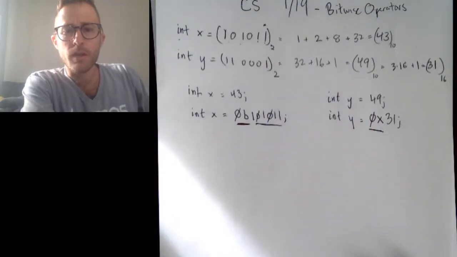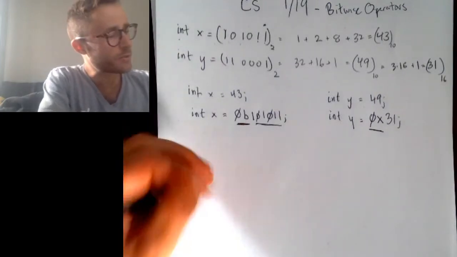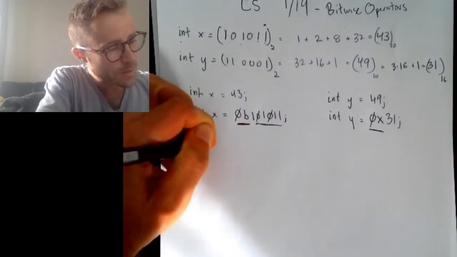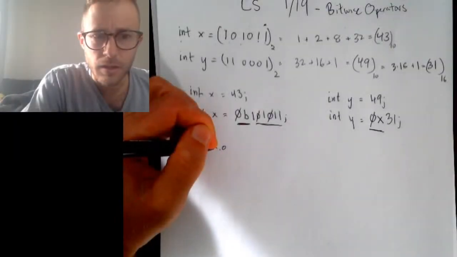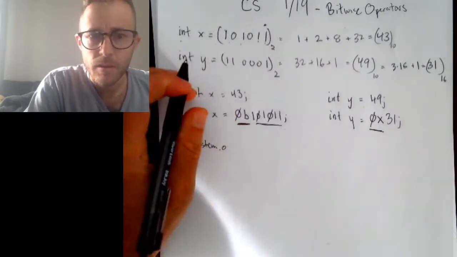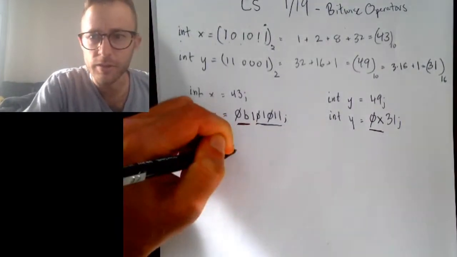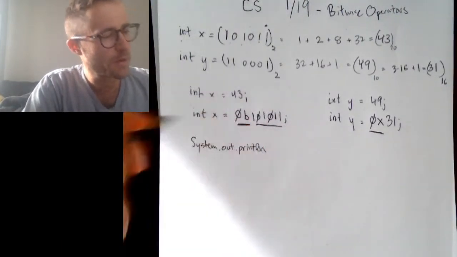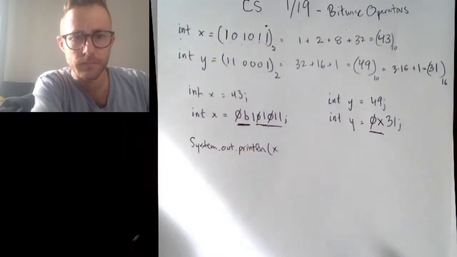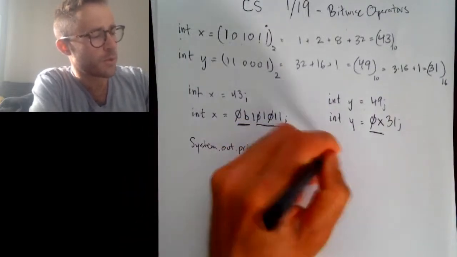Now there's a couple of cool operators. If you do System.out.println(x), that's going to output to the terminal 43.